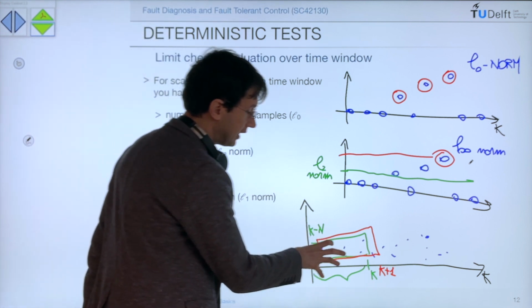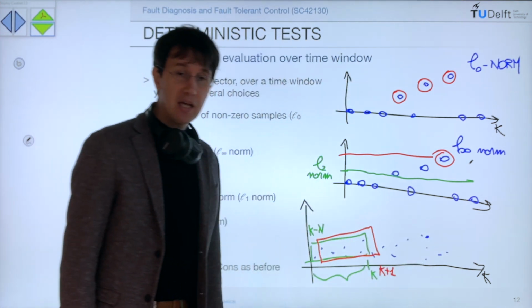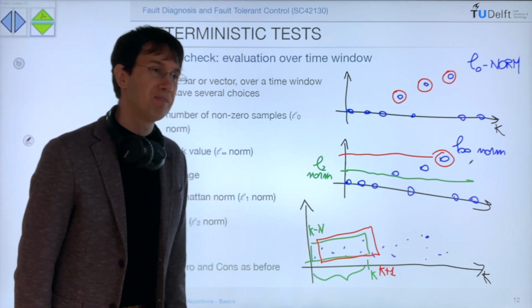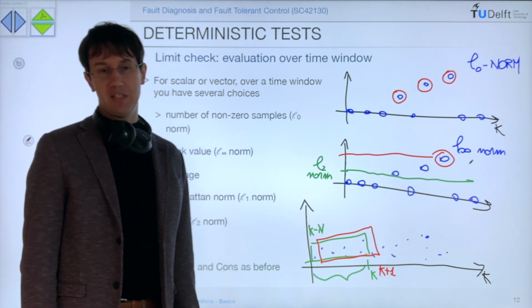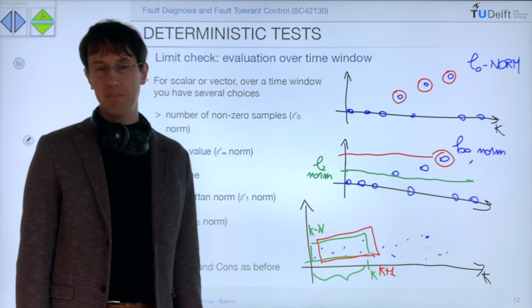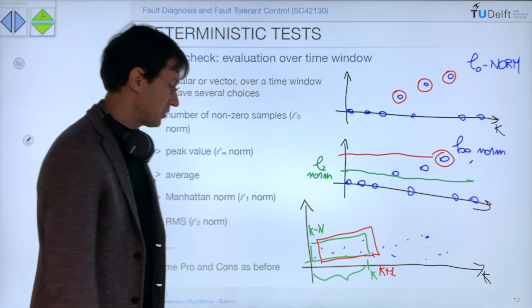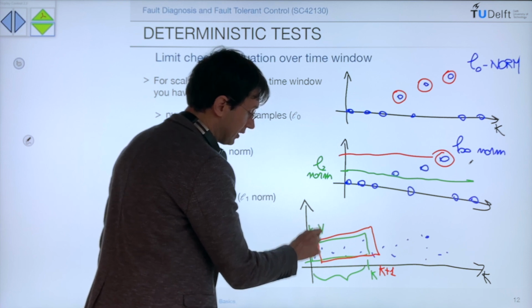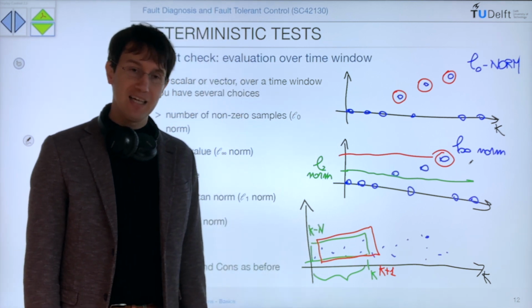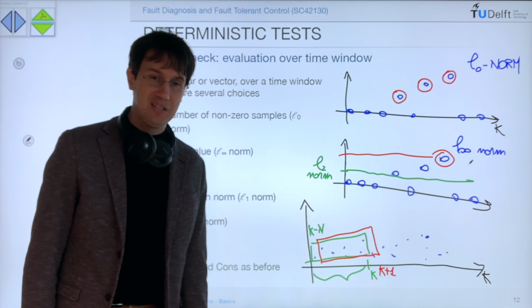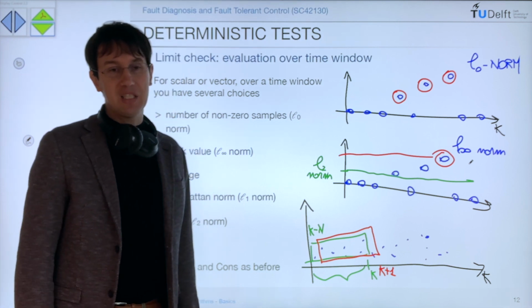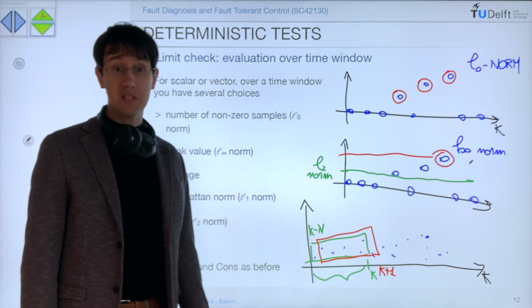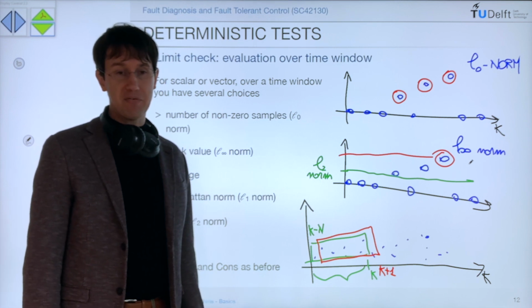And I repeat it all the time. Every time I get a new sample, I move my window forward. One little downside of this is that you need buffering. Before time k bigger or equal than n, I cannot fill the entire window. So either initially I start with windows that are shorter, or I need to wait some buffering to fill my window.